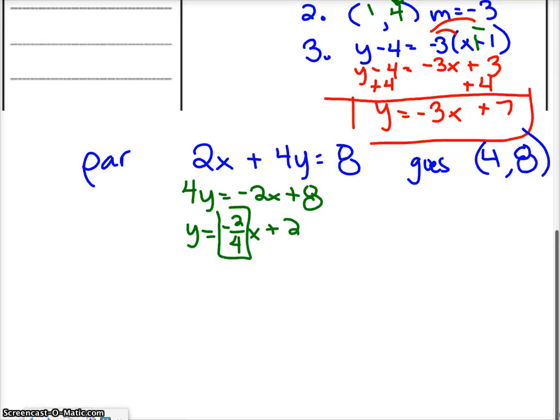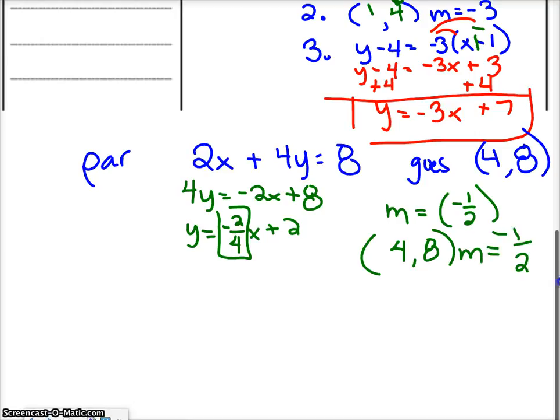Slope, or 1/2, right? Negative 1/2. So now I can do step 1. m equals negative 1/2. The point I go through, and m, and then I use point slope.